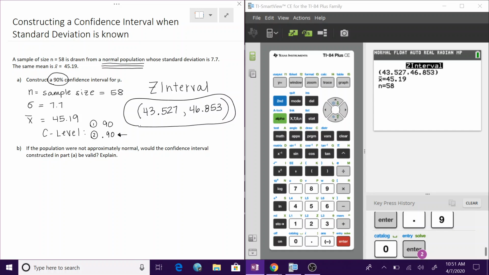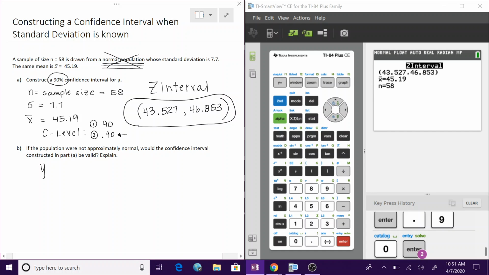Now for the B part though, it says if the population were not approximately normal, would the confidence interval constructed in part A be valid, and explain? So we're now assuming that it's not approximately normal. So this normal population statement is not there anymore. But the cool thing is the confidence interval constructed in A would be valid.